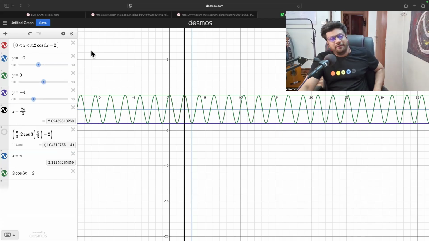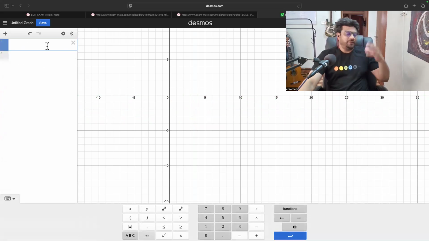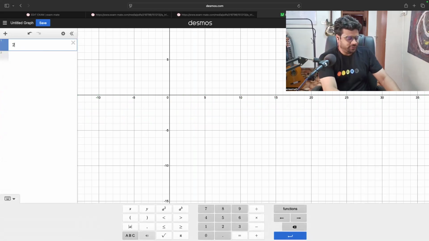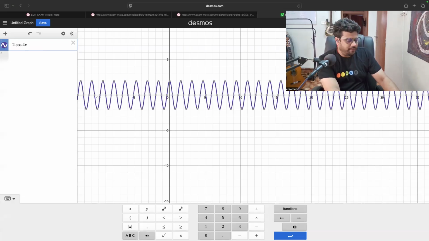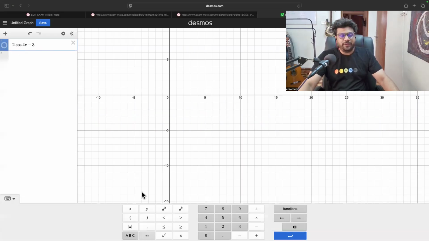I will actually take one more example. Let's see. How about taking 2 cos of 4x minus 3, and all of that between minus π to π.